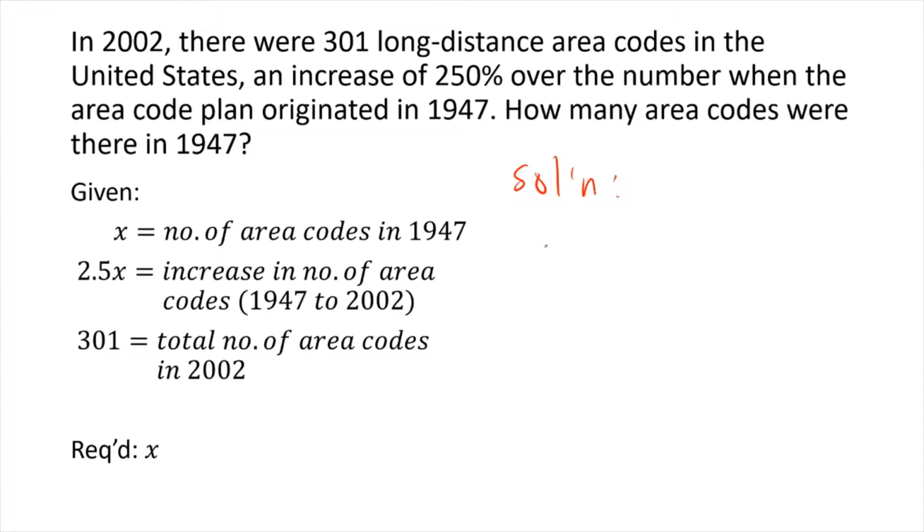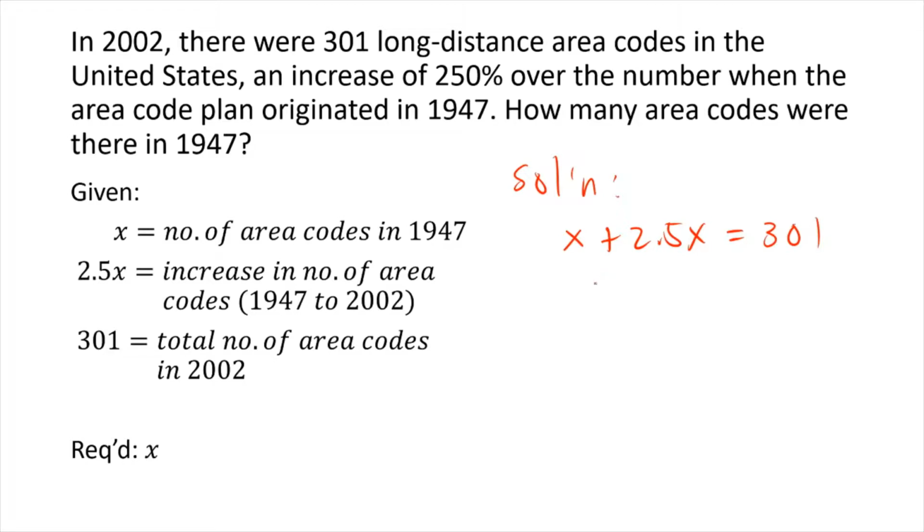In 1947, the number of area codes is x, and then in 2002, there was an increase of 250%. So add 2.5x, because this is the increase from 1947 to 2002, which results in a total of 301 long distance area codes.